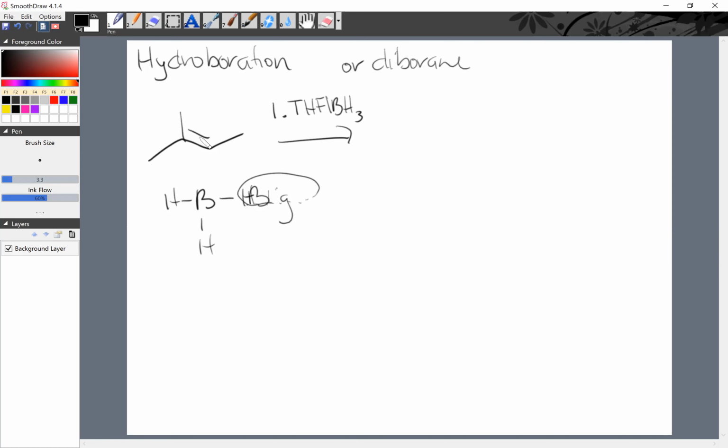So when it sees this alkene, if you will notice, it has to come and align so that the steric hindrance isn't too crazy. So the boron is actually going to come and attach, and this is what I meant by a diboron square.